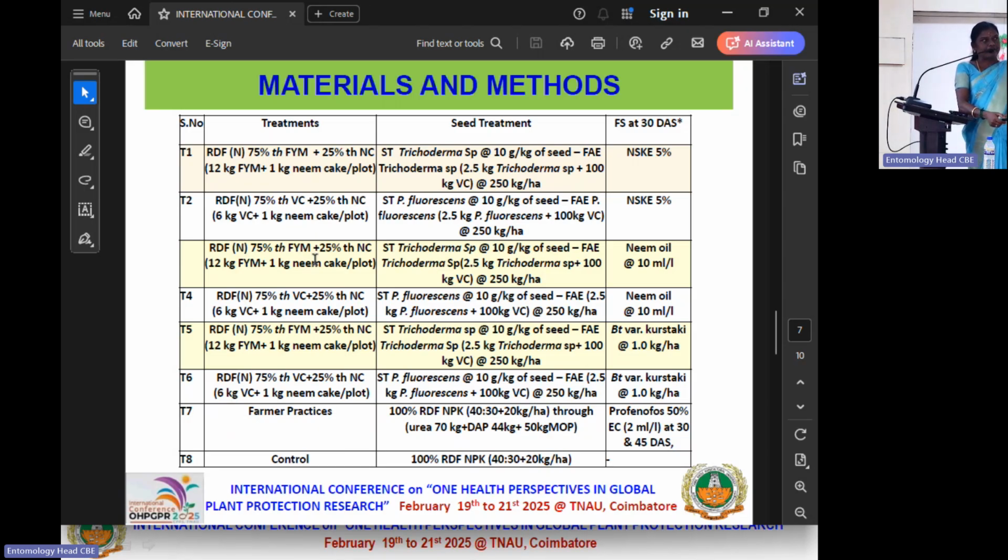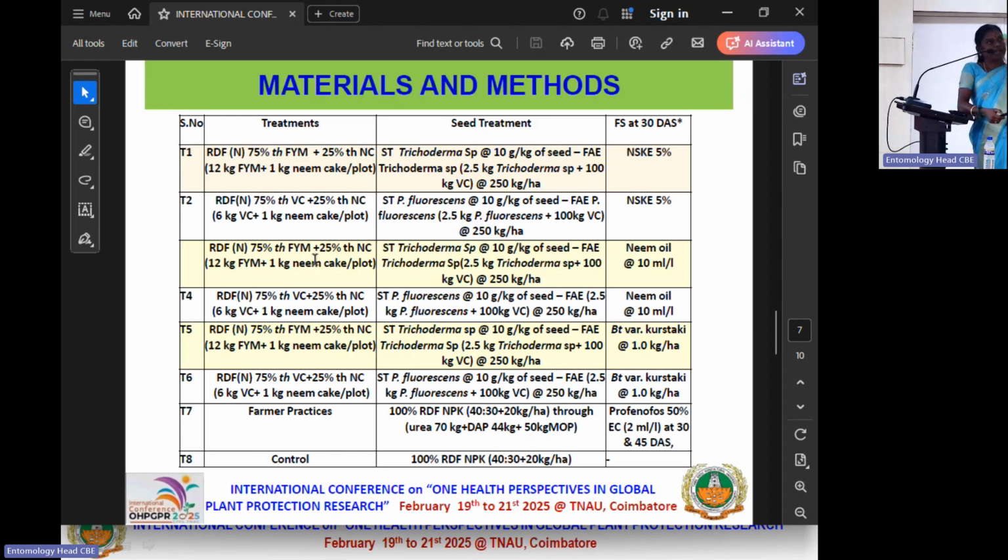Treatments 1, 3 and 5 have some similarity. The similarity is the application of farmyard manure followed by neem cake. The first one is common. In the second one, where farmyard manure is the basal application, we applied Trichoderma basally and enriched Trichoderma viride. In the case of treatments 2, 4, 6, we applied vermicompost followed by Pseudomonas fluorescens, as usual basal and enriched with farmyard manure, applied as foliar.